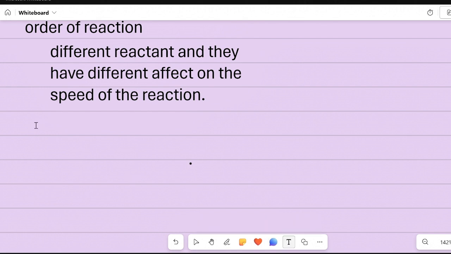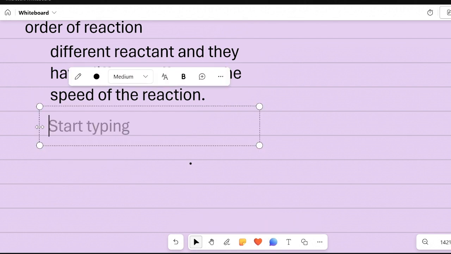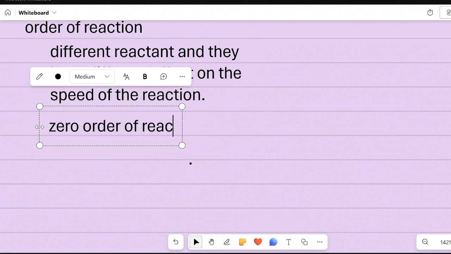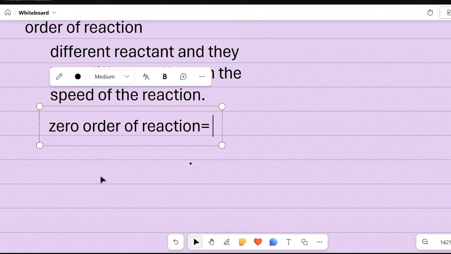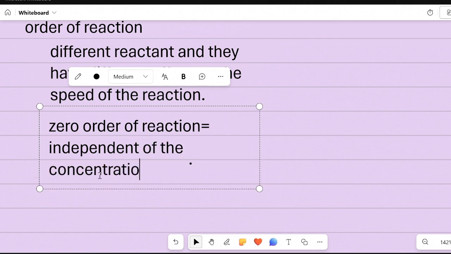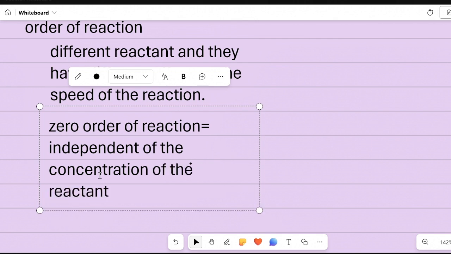The first one we are going to discuss is the zero order of a reaction. What is zero order of a reaction? Zero order of a reaction is independent of the concentration of the reactant. What does it mean?